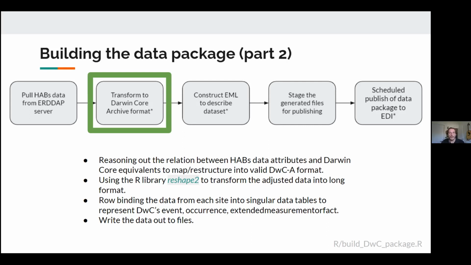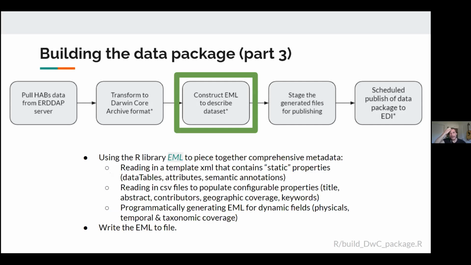The third part of building our data package is constructing an EML metadata document that's describing the data package. For this, I have a few different approaches that I'm using in tandem to ultimately put together a comprehensive metadata document. The first thing that I'm doing is starting with a template XML that contains some of the more static properties.